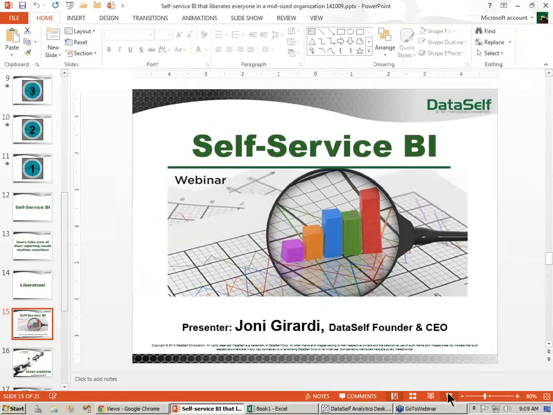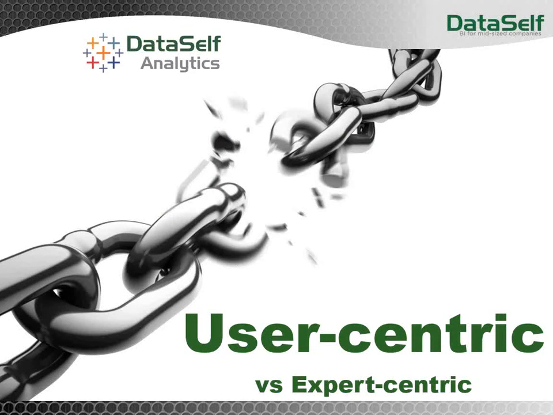Pretty much all of the other BI solutions in the mid-market, such as Sage and Microsoft ERP and CRM systems, are what we call expert-centric. The person building and maintaining the reports and dashboards must be an expert that has spent sometimes hours, days, even weeks learning the tool so they can actually serve the business users with reporting and dashboarding. Ours is user-centric. Business users will be able to do it, a lot of them by themselves.